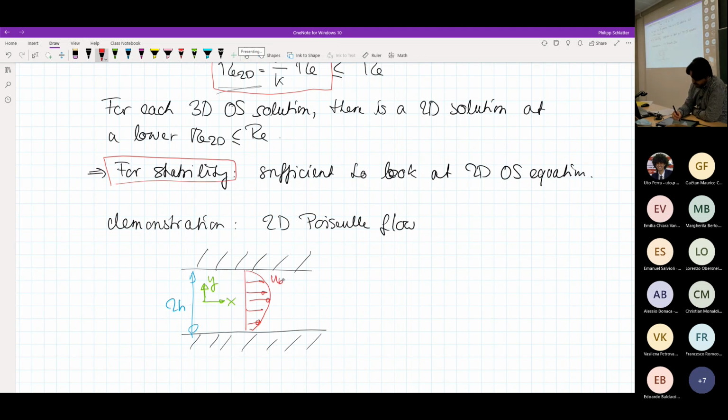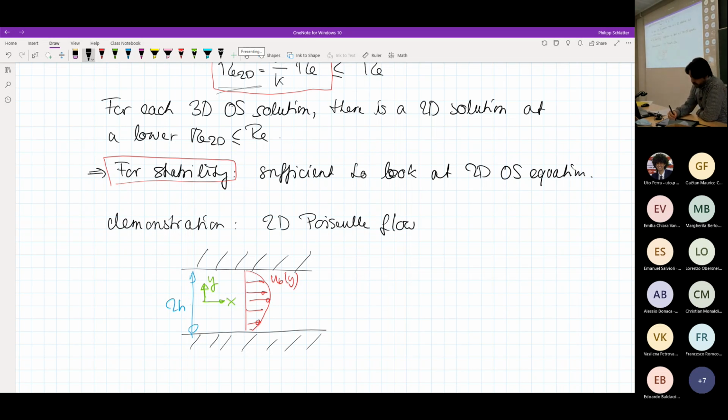So this is ub of y, so the parabola. What I would like to do now is calculate the instabilities that are present in this flow, and perhaps also find out what is the lowest Reynolds number where this case becomes unstable.